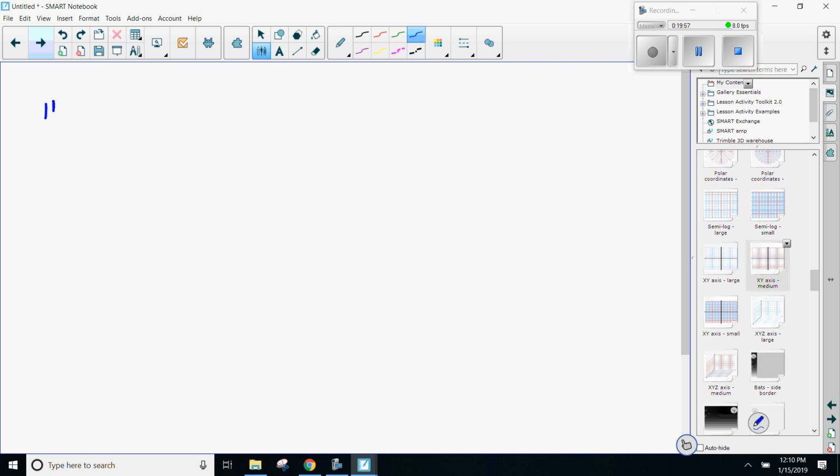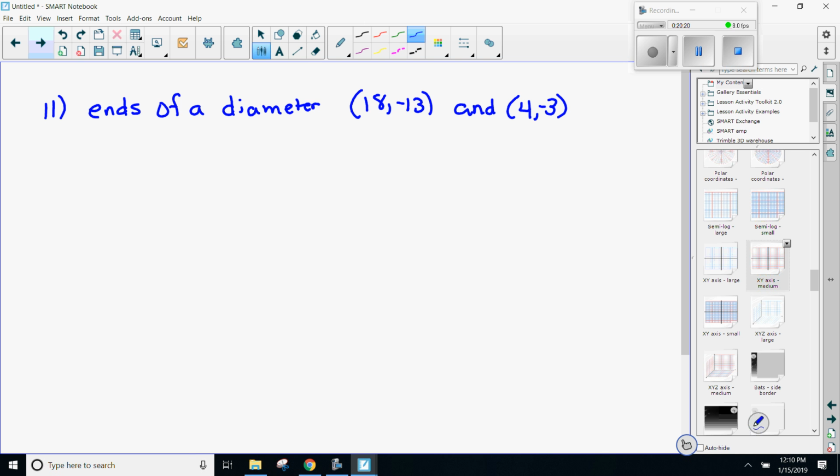Okay, number 11. Number 11 says the ends of a diameter. The ends of the diameter are 18, negative 13, and 4, negative 3.